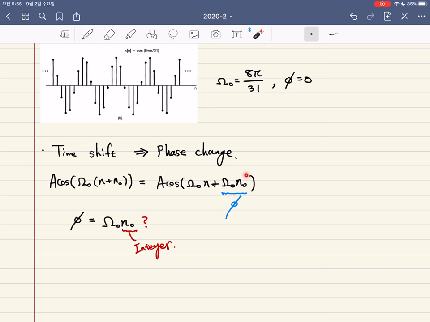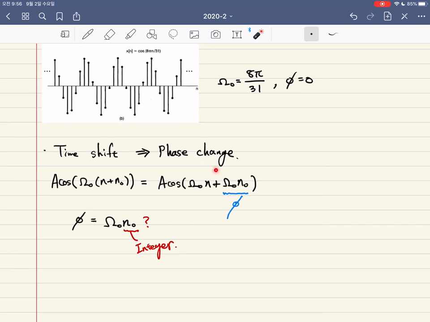Then you can get the result of the phase change, and there's no restriction. But if you do the phase change first, then there's no guarantee that this equation is always true for an integer n0. You cannot guarantee that n is an integer. Okay, so the difference between the continuous time and the discrete time is the direction of the phase shift and the time shift.